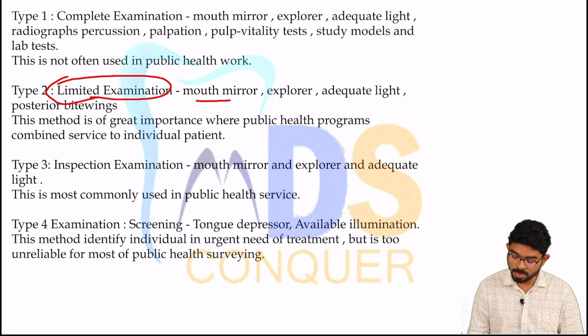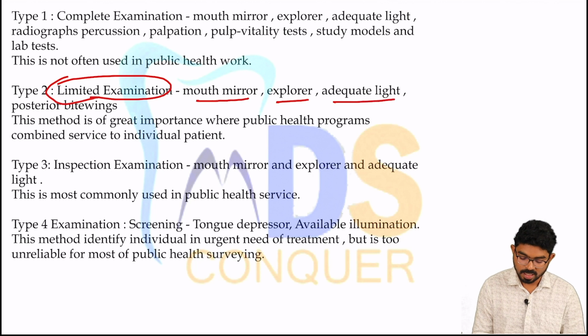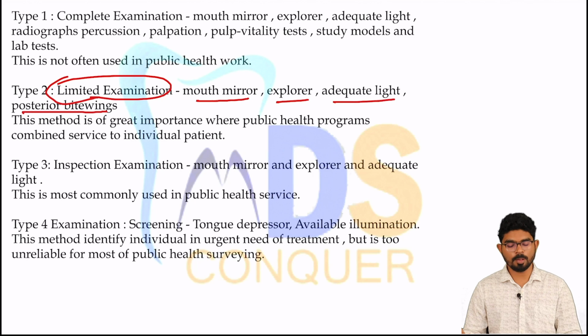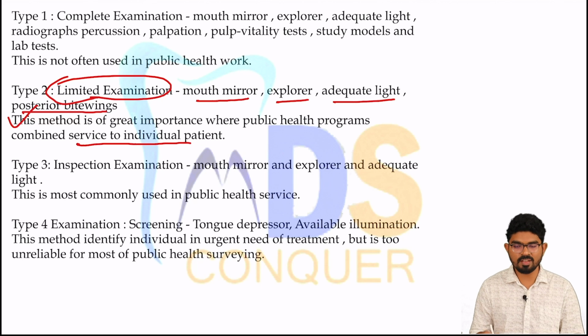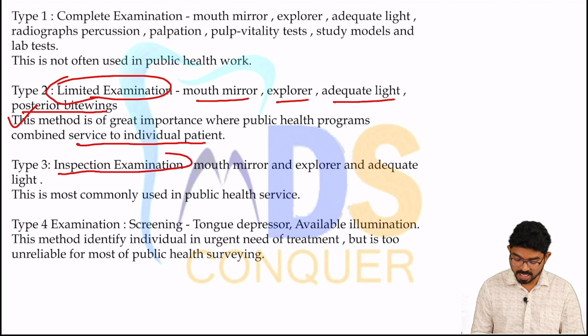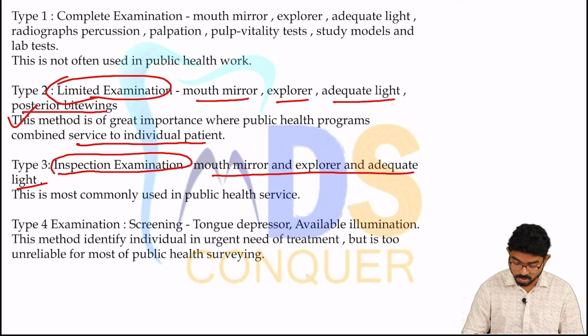That is your mouth mirror, explorer, adequate light, and the posterior bite wings are used. This is of greater importance in the public health programs combined with service to the individual patient who is at a particular risk. Type 3 is inspection examination, where these three are used, and make a note, this is the most commonly used in the public health sector.